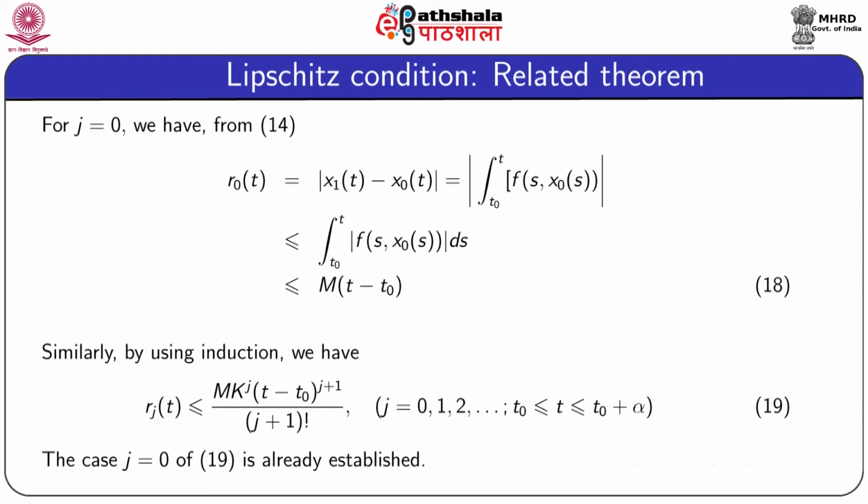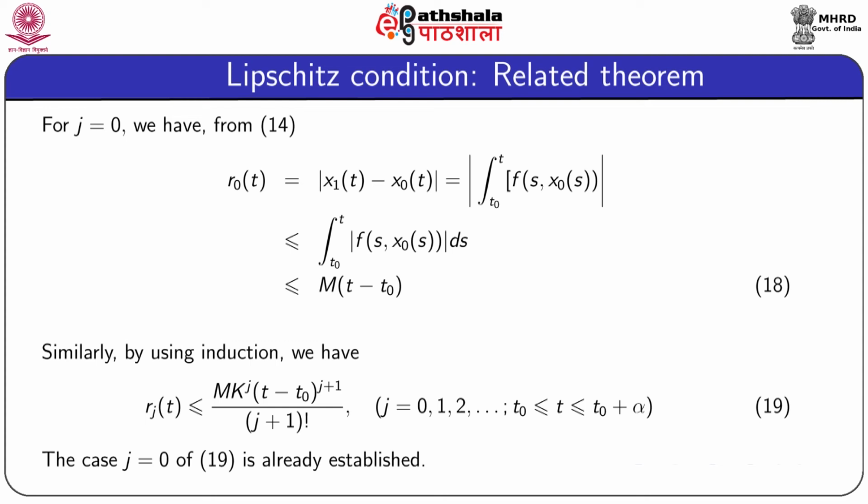For j equal to 0, we have from 14, r_0(t) is equal to mod of x_1 minus x_0, which is equal to mod of the integral from t_0 to t of f(s, x_0) ds, which is less or equal to the integral of mod of f(s, x_0) ds, and which is less or equal to m times (t minus t_0), given by equation 18.